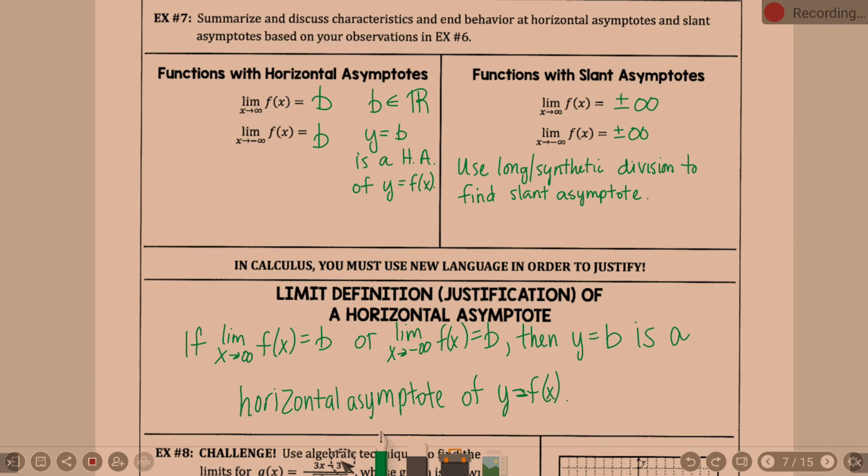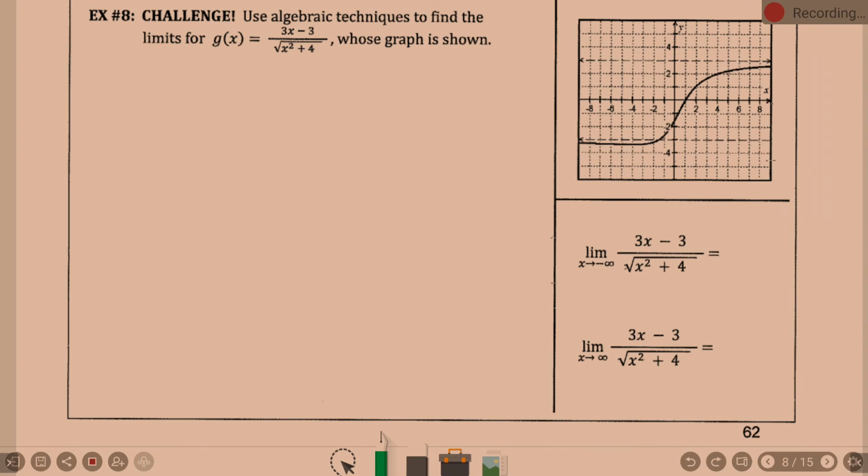Example 8. I would love to fully go through example 8, but we're out of time. Notice example 8 does say challenge, and it's trying to get you to think through this a little bit. Because when we start thinking about that, what's the largest power in the denominator? X, because it's a square root. There's an x squared under a square root.